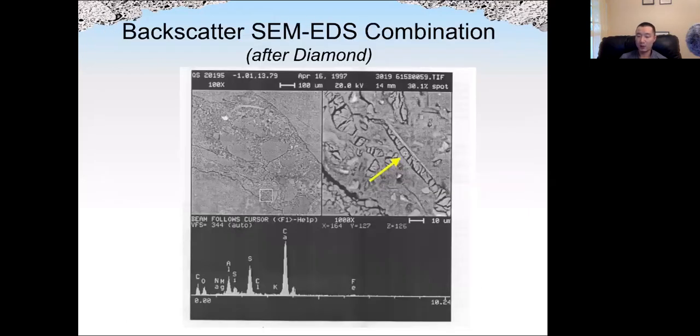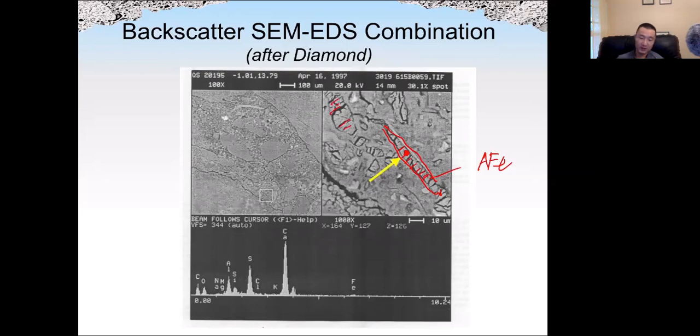So for example, we do a stationary scan. This is the point inside this component, and we know this is ettringite, AFt, because of the strip patterns of the material.